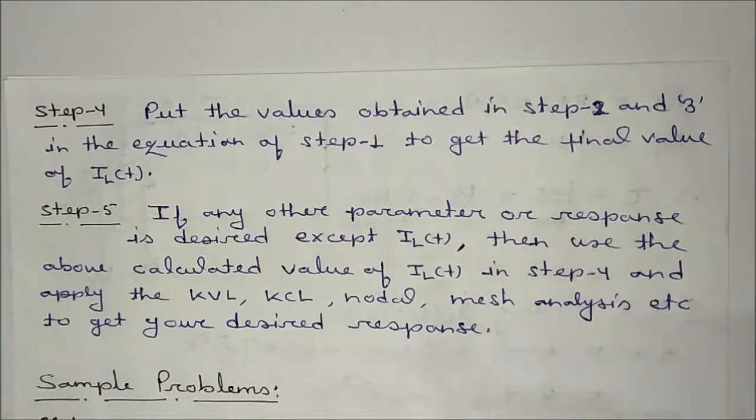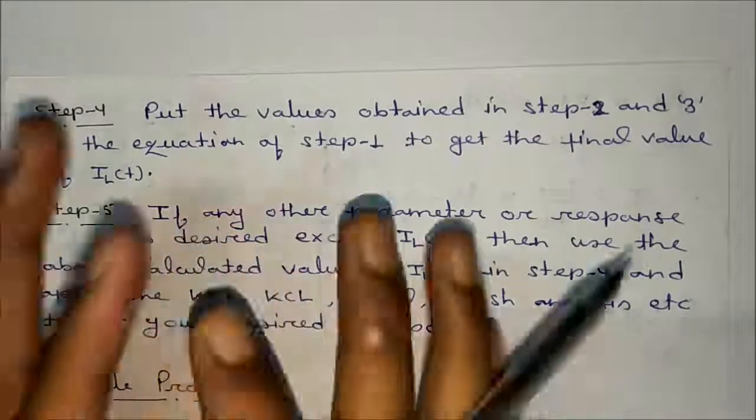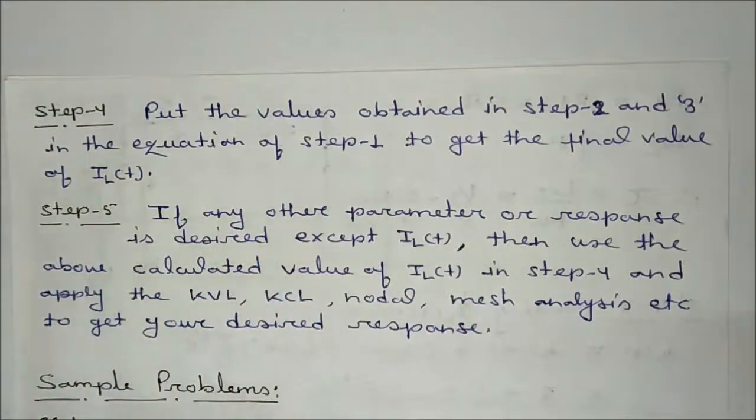In the next lectures we will discuss problems related to the first order RL circuit, and we will do everything in the same manner as in the RC circuit. We will apply only these 4 to 5 steps, and we will always follow such calculations to get a clear understanding of the transient analysis. Okay, so we will discuss things in the next lecture, and thank you very much.